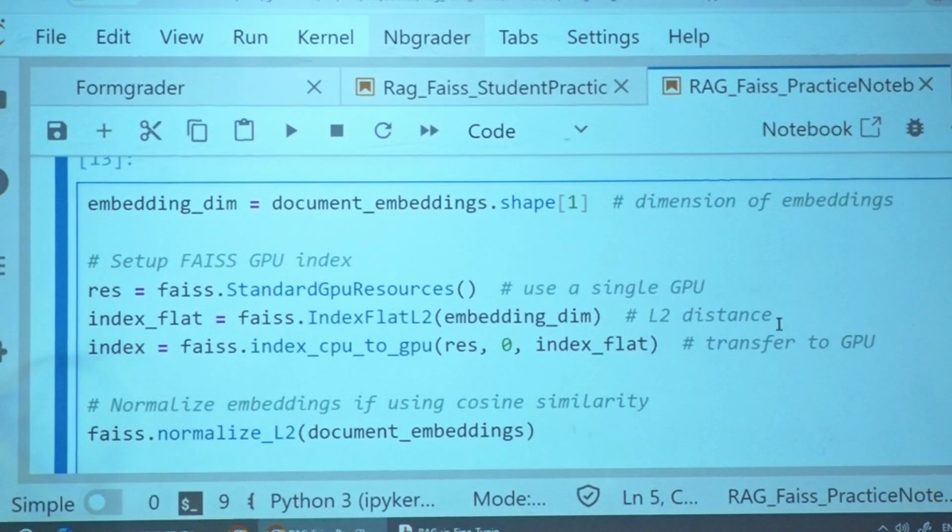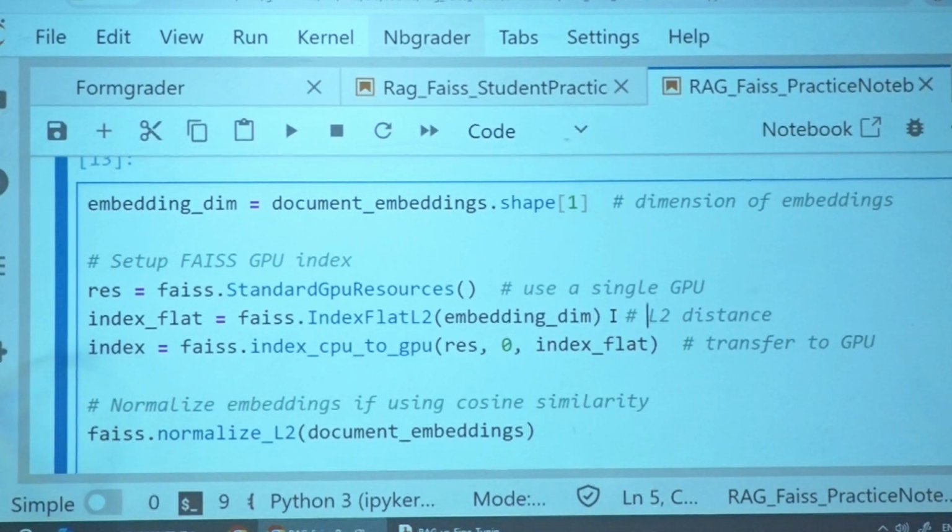So we have created the index, meaning you have seeded the index. Index doesn't contain anything right now. Or rather, I should say we have created the data structure of that index. We have not populated the index. In computer science terms, we have created the schema of the index. The schema of the index is there.